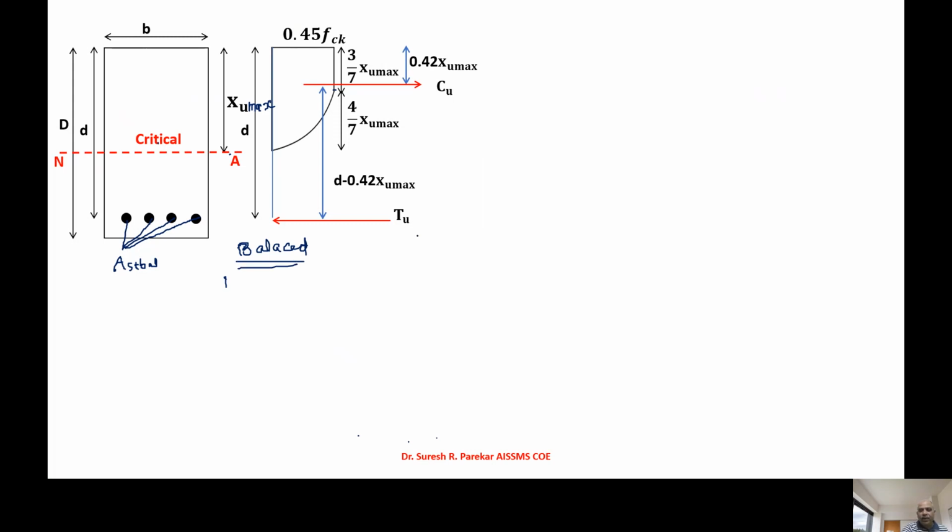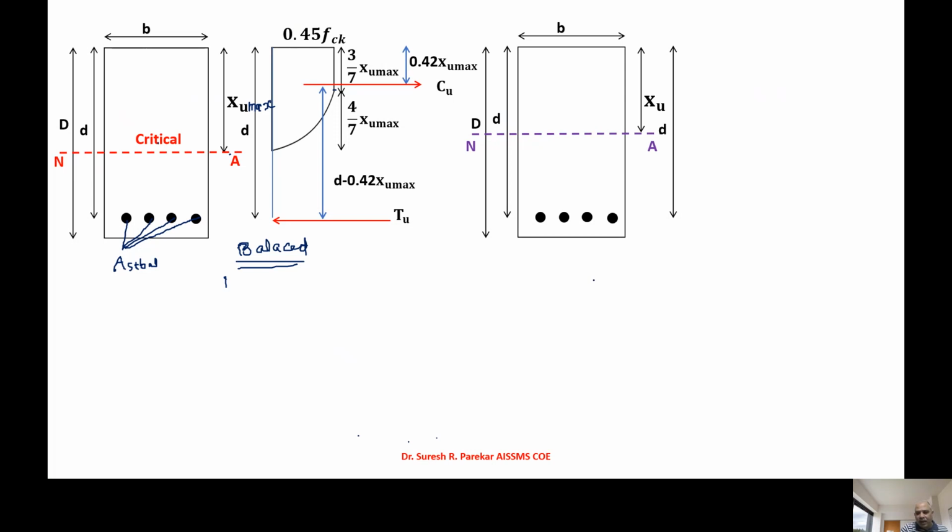Now when we talk about the under reinforced section, let us say this steel is AST under reinforced.